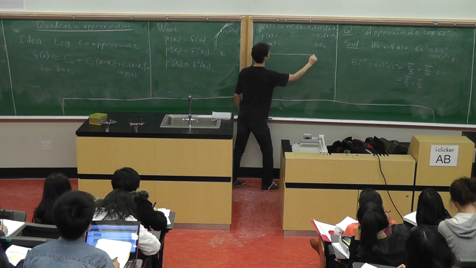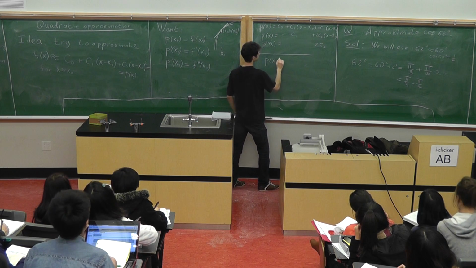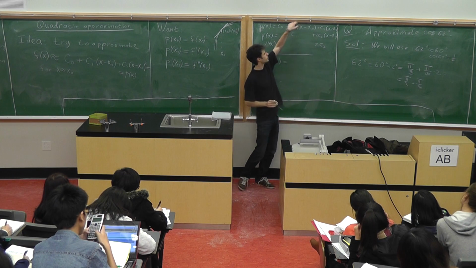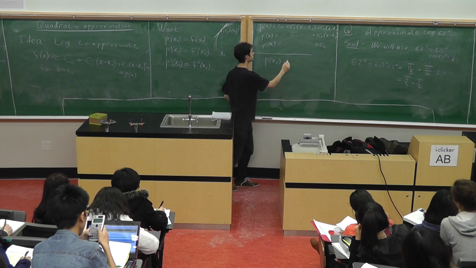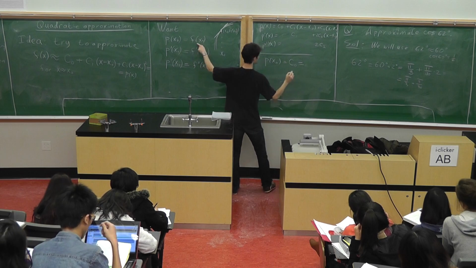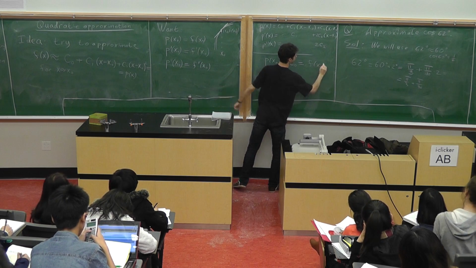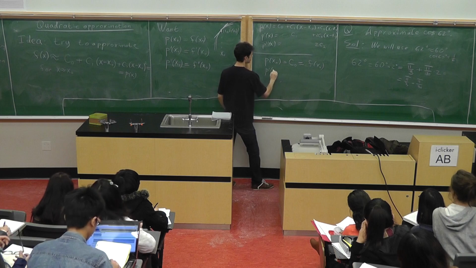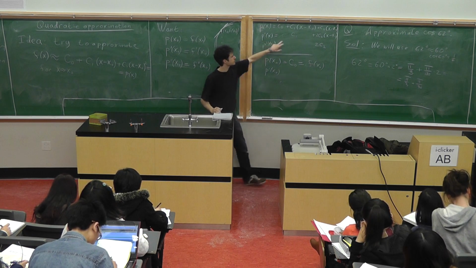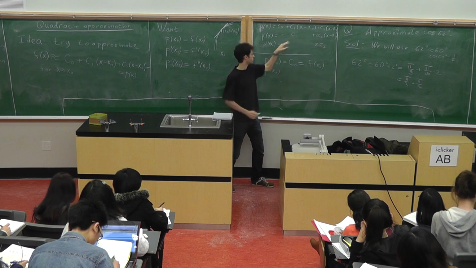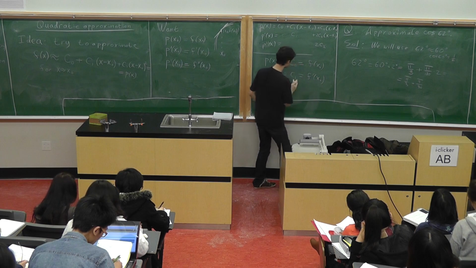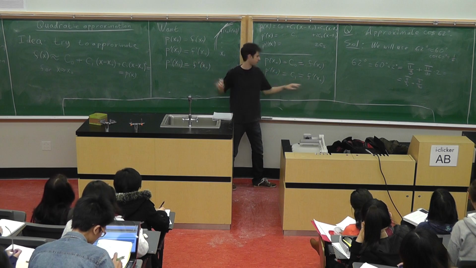And then I know that at the point x naught, if I plug in x naught instead of x, this part will vanish, this part will vanish, I'll get just c naught. And this I want to be the same as f of x naught. Next, the derivative at the point x naught, I plug in x naught instead of x, this becomes 0, so I get just c1. And I want this to be equal to the derivative of f.